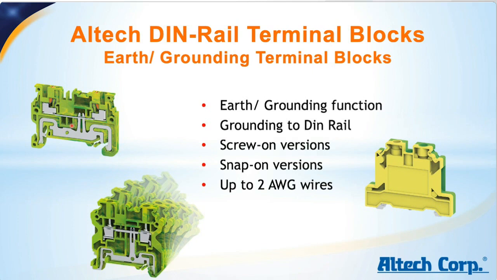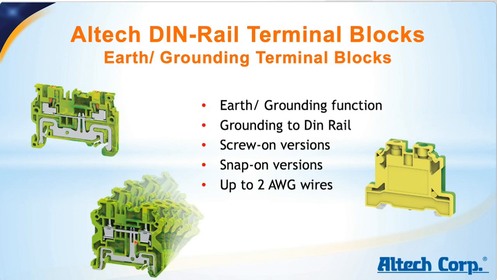Here at Altech, we have two different versions. What you can see on the right is a screw down version where you have a top center screw, and by that screw you screw the grounding or earth terminal block down onto a rail through a clamping mechanism.